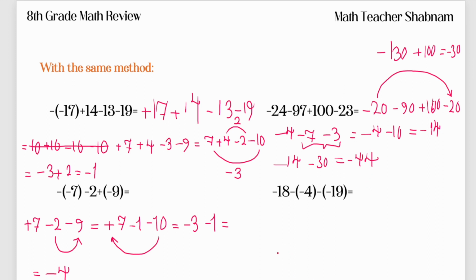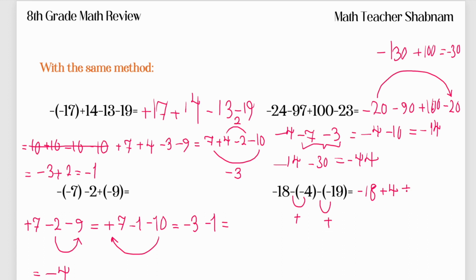And one last time. Let's simplify what we have here. -18, negative times negative gives us positive. Therefore, we write it as -18 plus 4. Negative times negative gives us positive.